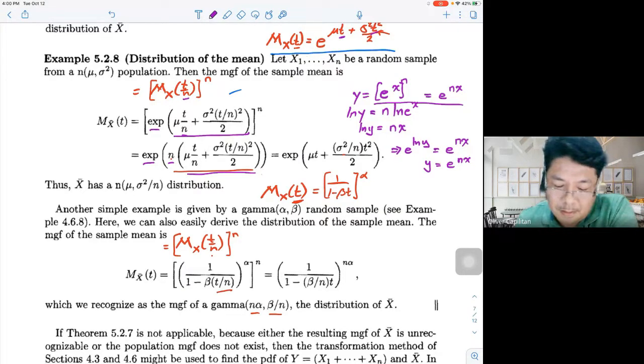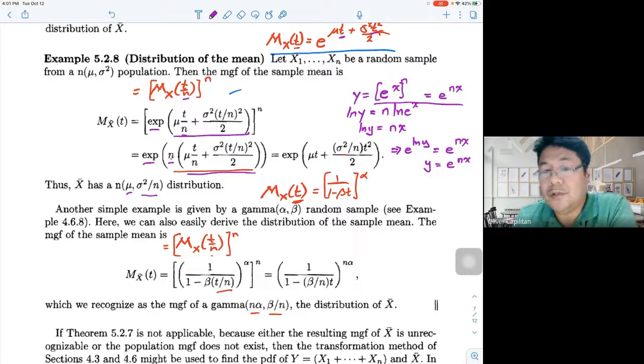This is just calculus or algebra. Simplifying, then we have this. So since we obtained this expression now, observe that this is the moment generating function of the random variable having a normal distribution with mean mu, and this time the variance is sigma squared over n.